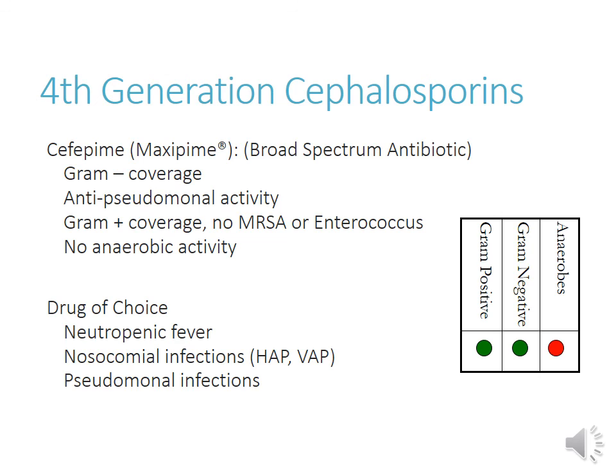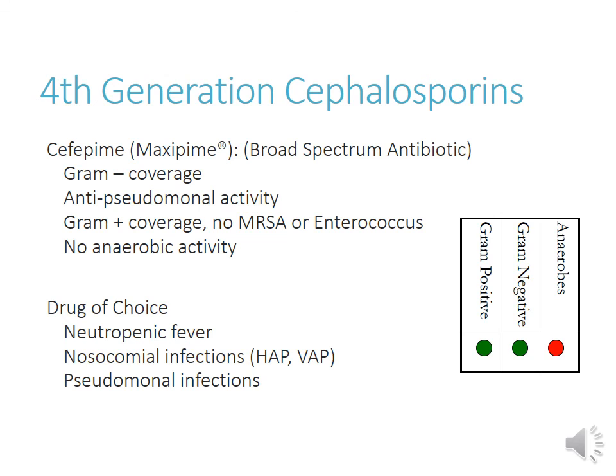But it is really good for things like neutropenic fever. We're worried about patients who have, say, recently received chemo and are neutropenic, or have other immunocompromise; this may be a good broad spectrum drug for them. You see it used a lot for nosocomial pneumonias, either hospital-acquired pneumonia or ventilator-acquired pneumonia. And if you're suspecting pseudomonal infections, this is a good drug to go with, right?